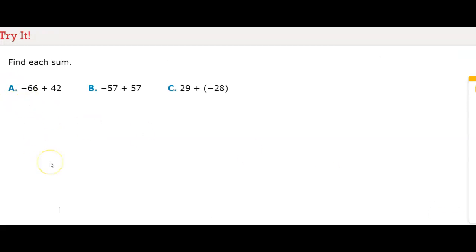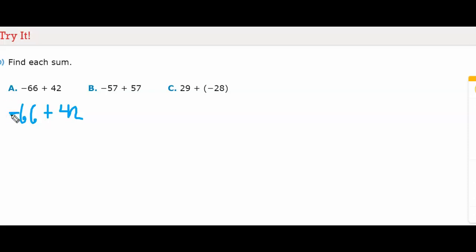Find each sum. So let's find the sum of -66 plus 42. Without the number line, let's look at this. If we found the absolute value of each, that would be 66 plus 42. However, the greater number is a negative number.